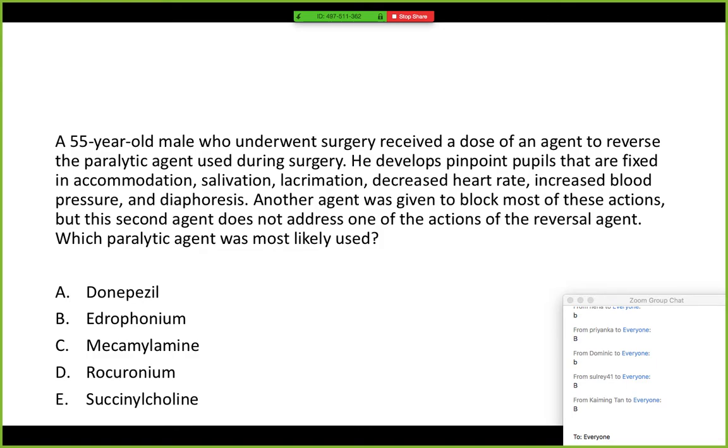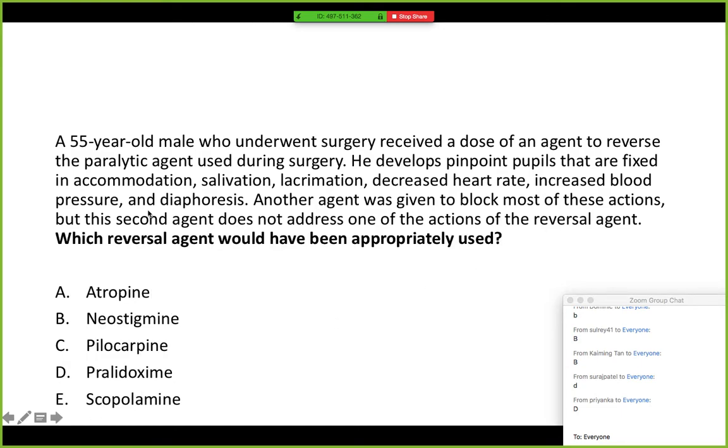Which paralytic was most likely used? So basically, it's just asking for the paralytic that is reversible. Yeah, good job. So the answer here is rocuronium.